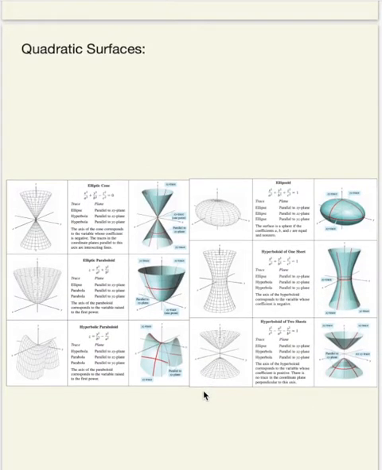Next, we're going to study quadratic surfaces. Now, quadratic surfaces are surfaces described by a quadratic formula.